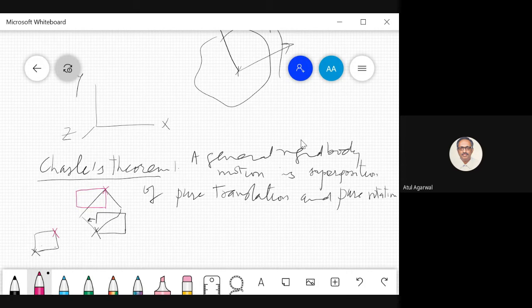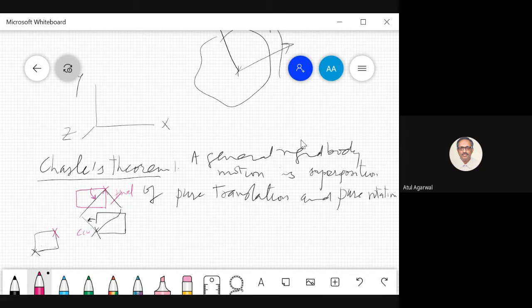If it translates with this vector, now it has to come to this shape. It has to turn like this. If it turns like this, you will acquire this orientation. This is your final orientation, final configuration. Now you see, you will find that these two angles of rotation are same. You see, what is this sense of rotation? Counterclockwise. This is also counterclockwise.